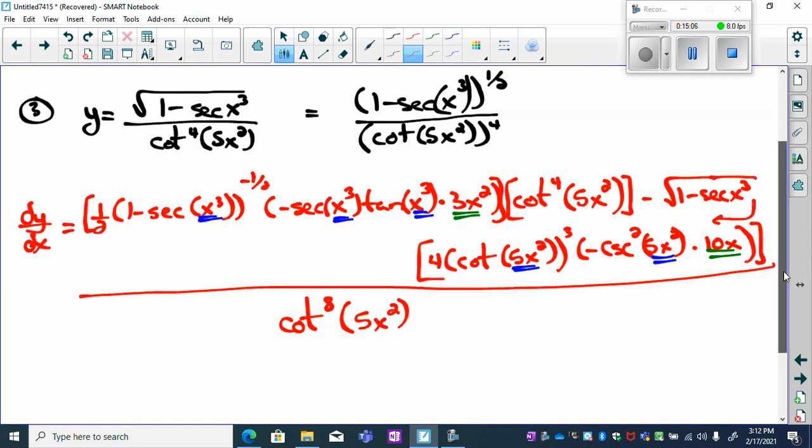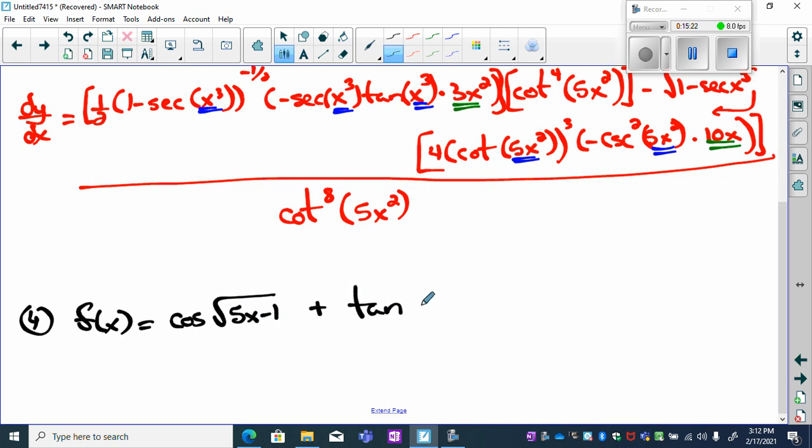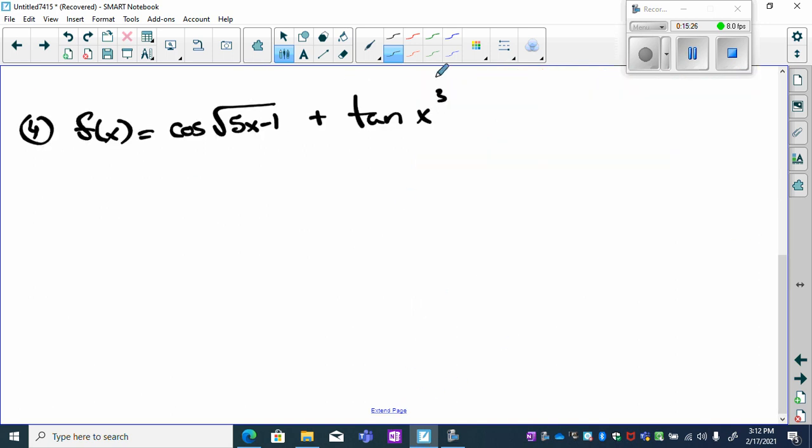Let's do one last one, and then I think you're probably good to have a go at these on your own. f of x equals the cosine of radical 5x minus 1 plus the tangent of x cubed. Find f prime of x.